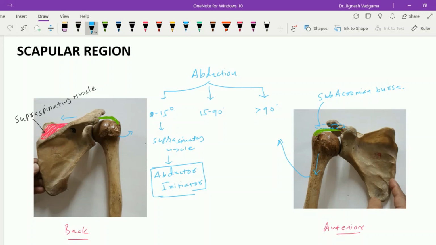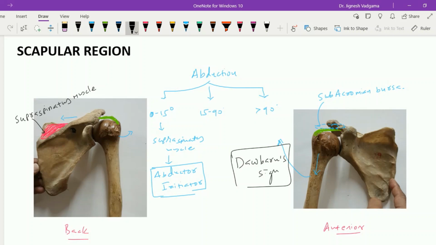This sign is called Dawbarn's sign. So this is a very important clinical sign concerned with subacromion bursitis.